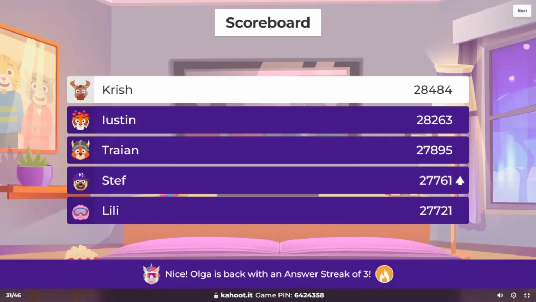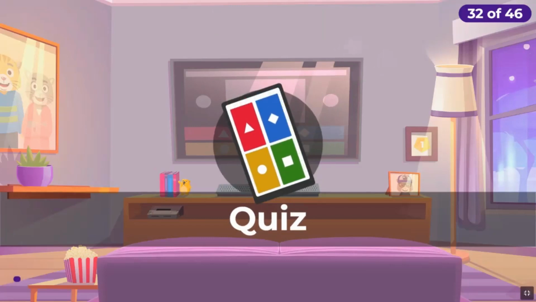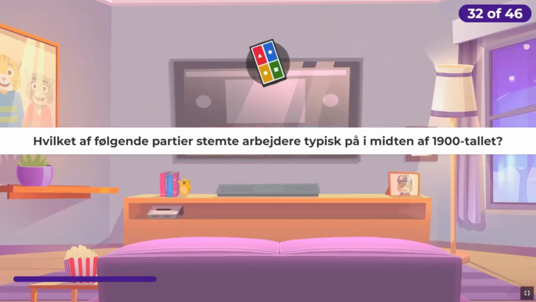Okay, so Olga is back in the game with an answer streak of 3. She's on fire. Steph is on the move now at number 4. Lily fell to number 5. We are coming to the end of the history section. I think there's 3 questions left or something like that.